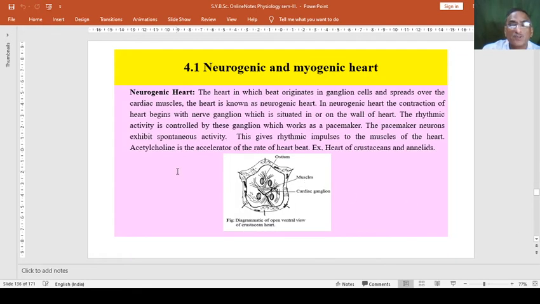Now in the fourth chapter, neurogenic and myogenic heart is for study. If we see the diagrammatic transverse section of the ventral view of a crustacean heart, it shows four different sides, or we can say four different chambers or corners.